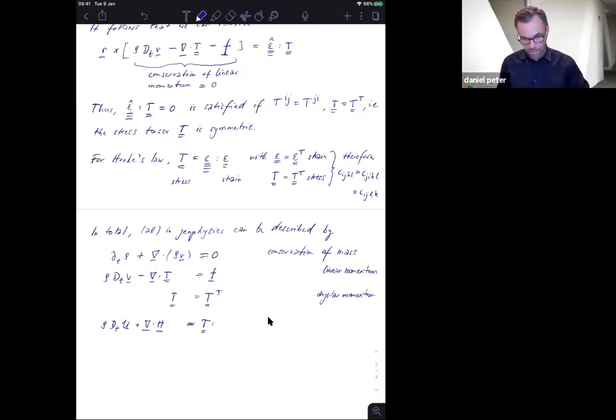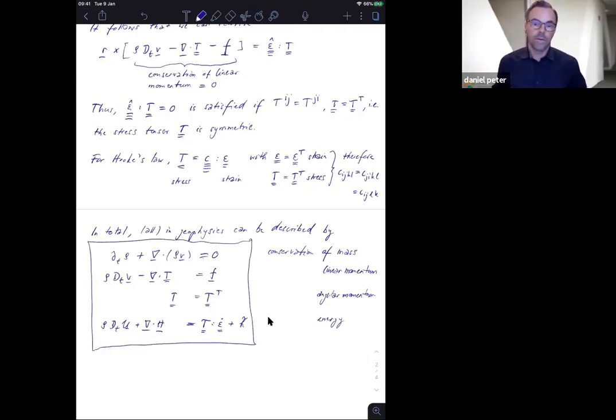So the stress tensor with the strain rate plus the heat sources, H, and that was conservation of energy. So that's basically all the physical laws that we need to describe almost all in geophysics. Conservation of mass, conservation of linear momentum, conservation of angular momentum, and conservation of energy.